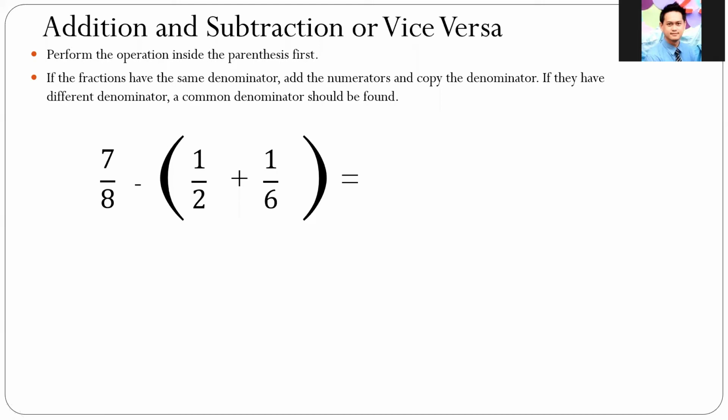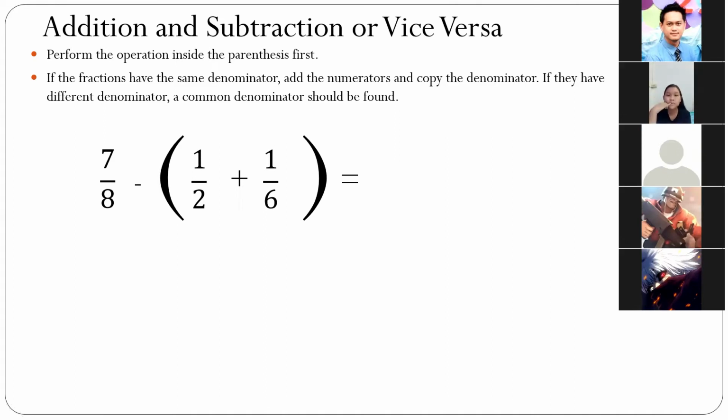What we need to do is find a common denominator of 1/2 and 1/6. What do you think is their common denominator? Using LCM. What is the LCM of 2 and 6? 6. Okay, 6. So our denominator will be 6.